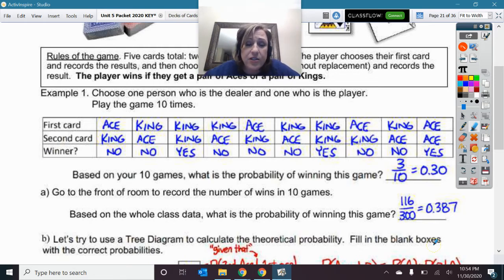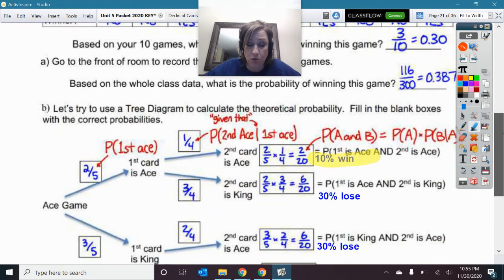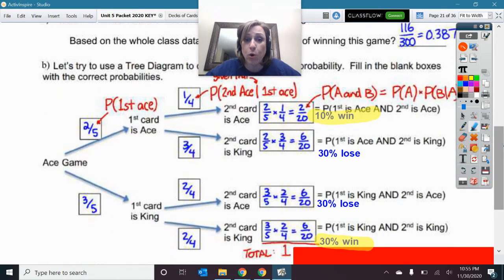It will settle down to that true probability. And see, look, we got closer to that true theoretical probability of 40%. What is that called? The law of large numbers, you see. So there is our law of large numbers, where our experimental, our actual, is going to get closer to what it's theoretically supposed to do as you do more and more trials.